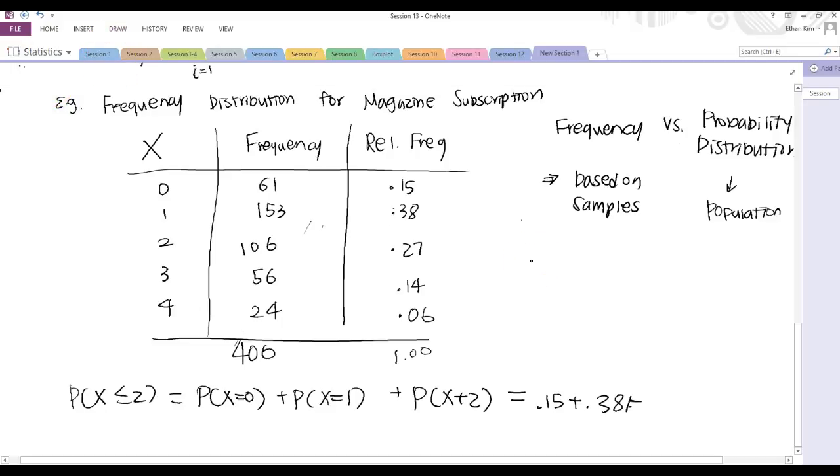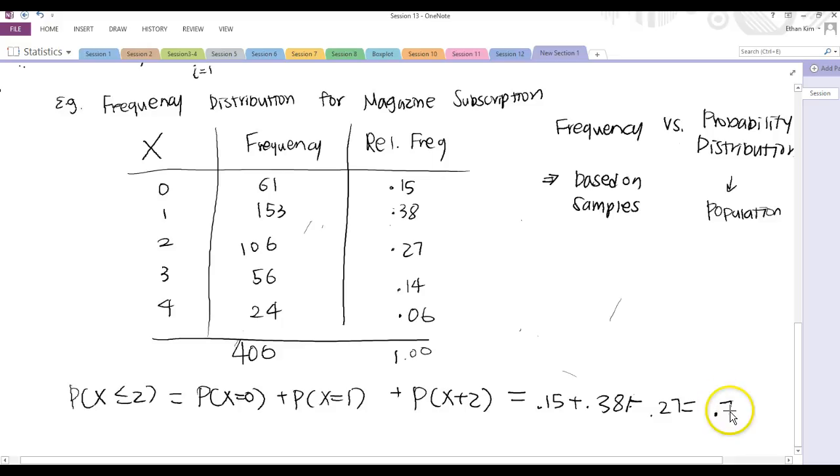Plus 27.27. Where is my pen? Okay, it's right here. If you add these up, what do you get? 0.7? Is that right? Or 8? Is it 8?